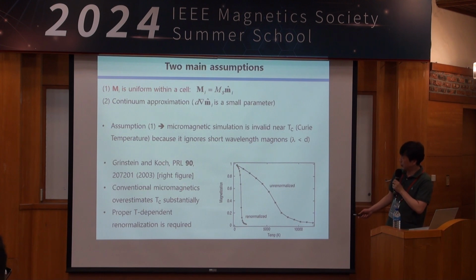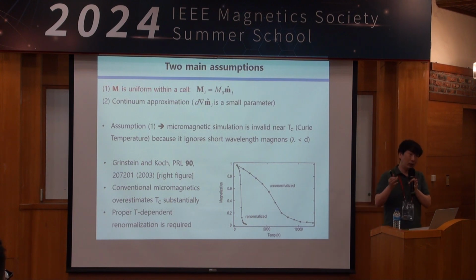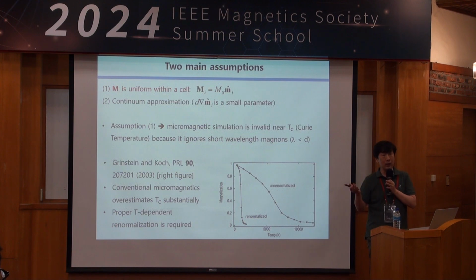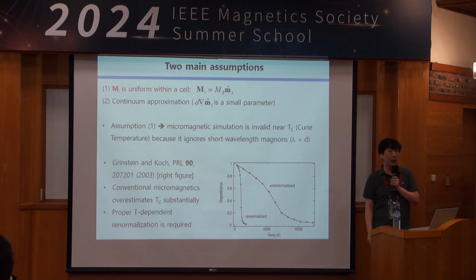So these authors propose a proper normalization concept depending on the cell size and the temperature. The exchange is renormalized, and all other terms are also renormalized depending on the temperature, and they got this result. Now T_C is around 1,000 K, which is quite reasonable.